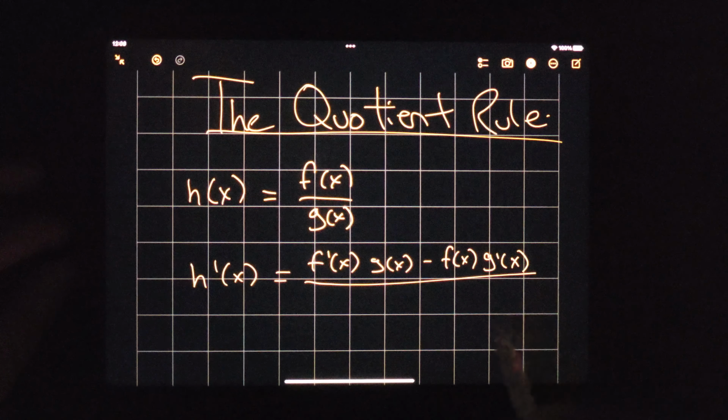So let's do that. Our numerator is the f of x and the denominator is going to be g of x. So let's just write them down here.